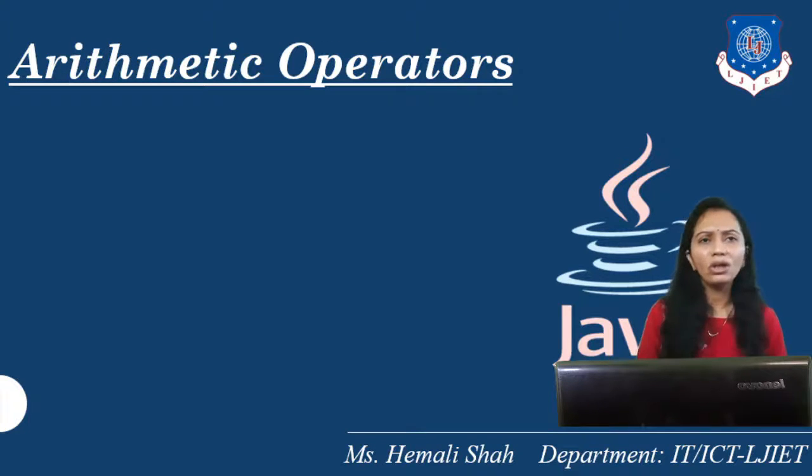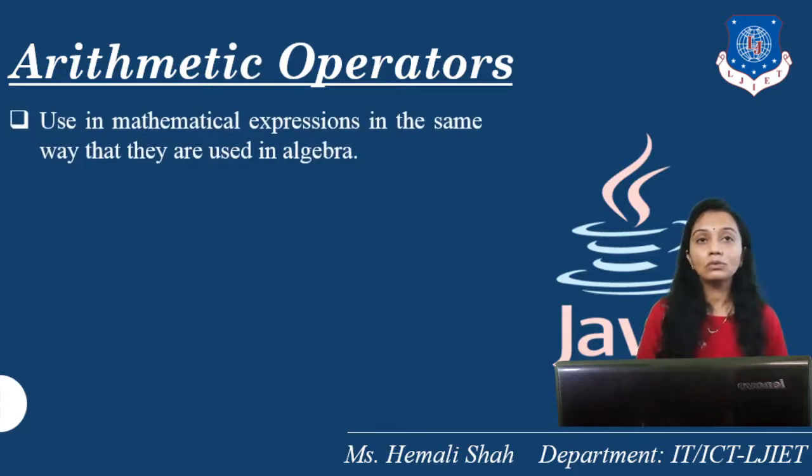Arithmetic operators you are already using from the C language, right? They are used to make a mathematical expression, in the same way that you use in your algebraic calculation, and you can do that inside the program also by using arithmetic operators.